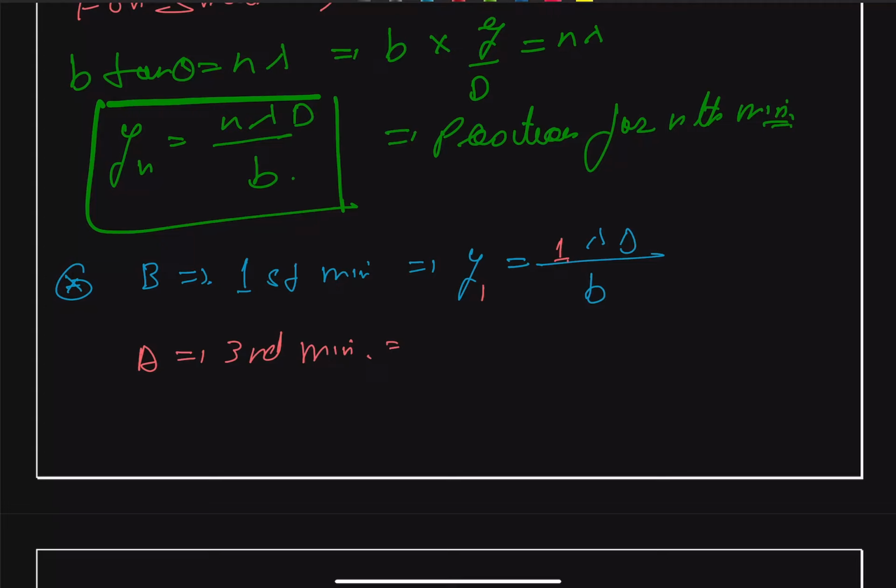Therefore, we can write that our y3 will be equal to 3 lambda D divided by B.